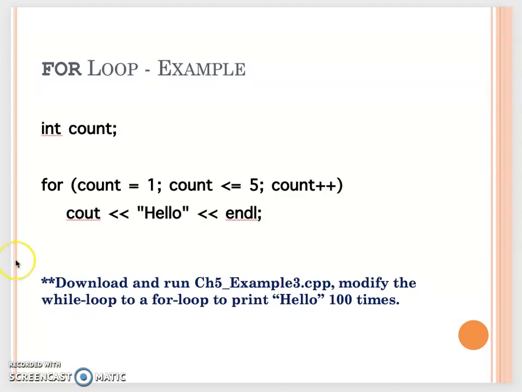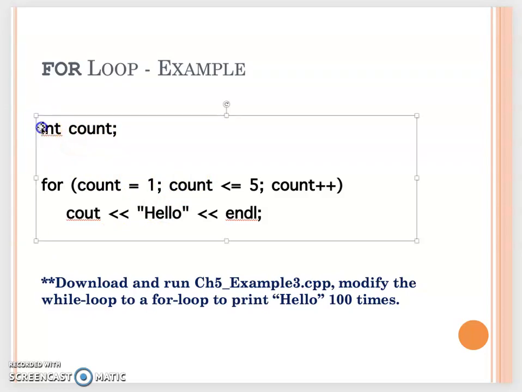So we just quickly see one simple example. Usually with the for loop, you can either define your counter outside, or a lot of the time we do the declaration and the assignment together in the initialization.